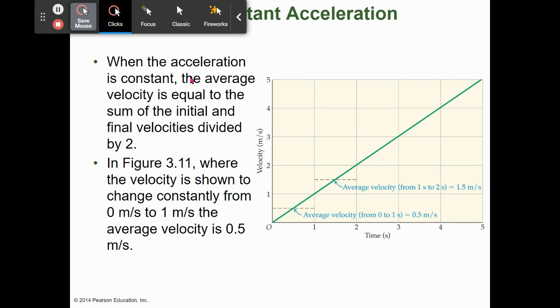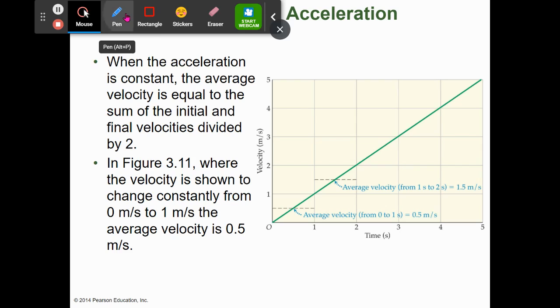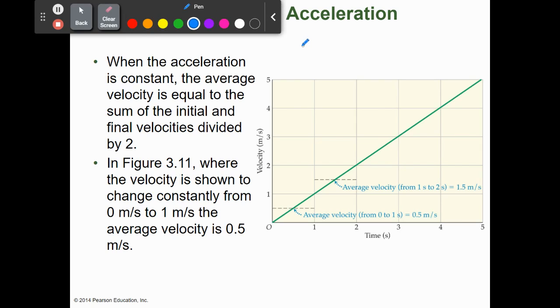So when the acceleration is constant, so you are accelerating at the same rate all the time, say 2 meters per second every single second, that's when we'd say acceleration was constant. When acceleration is constant, the average velocity is the sum of the initial and final velocities divided by 2.